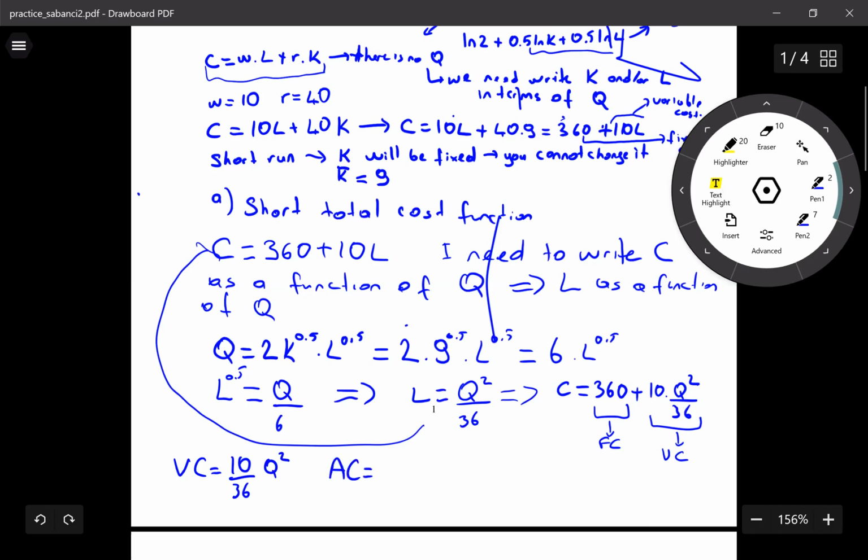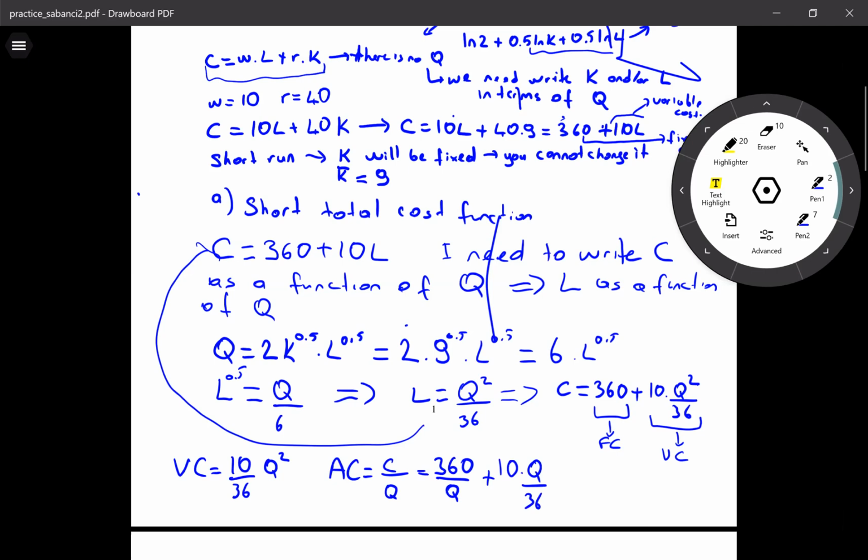Average cost is cost divided by quantity, so it will be 360 over Q plus 10 times Q over 36. It also asks for the marginal cost. Marginal cost is the derivative of the cost function with respect to quantity. It will be 20Q over 36.